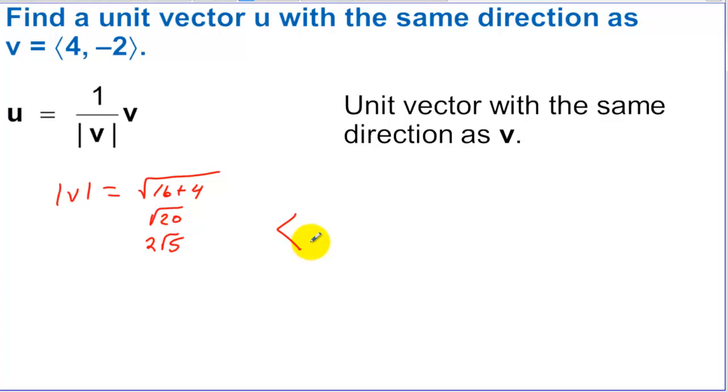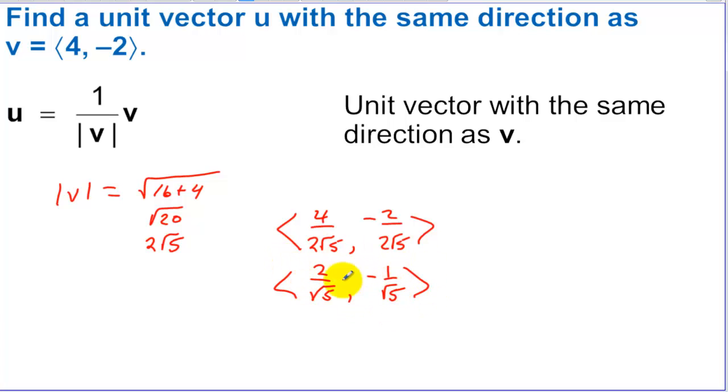And so the unit vector is 4 over 2 square root of 5 and negative 2 over 2 square root of 5. So we can do a little reducing. We have 2 over square root of 5, and the y will be negative 1 over square root of 5. So this vector has a length of 1, or a magnitude of 1, and is in the same direction as ⟨4, negative 2⟩.